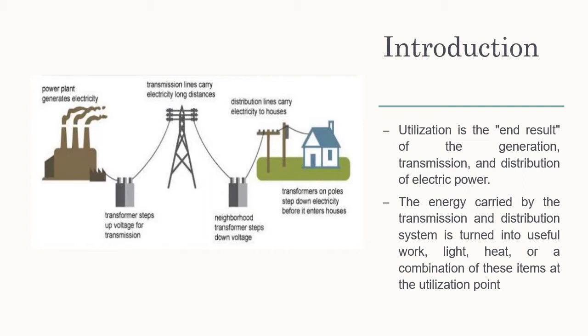Here on the consumer side, the electrical power is utilized as light energy or heat energy or a combination of these. So in the utilization part, in this unit, we are going to study illumination, how we are using electrical energy as light.